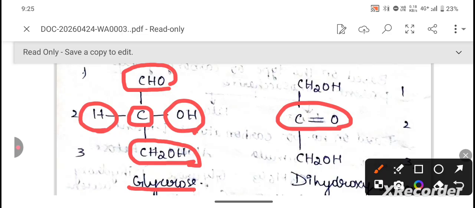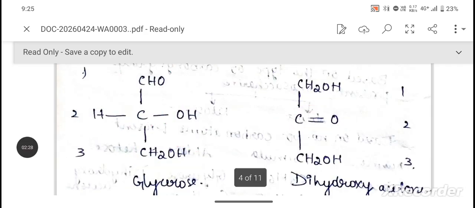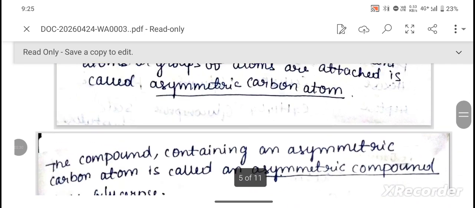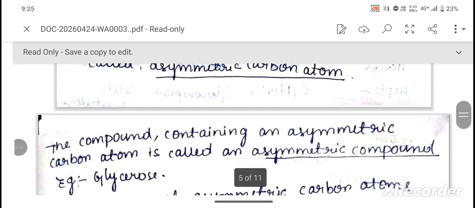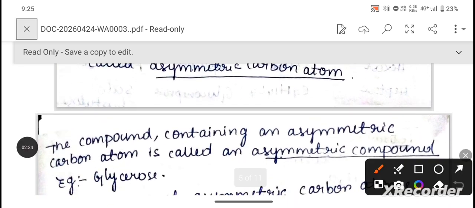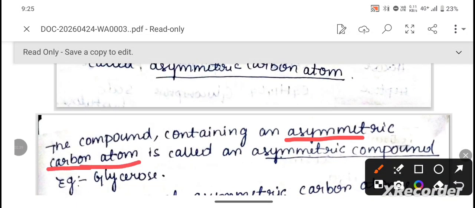So it doesn't have any asymmetric carbon like glycerose. As I mentioned, a compound containing an asymmetric carbon atom is called an asymmetric compound. The example is glycerose.